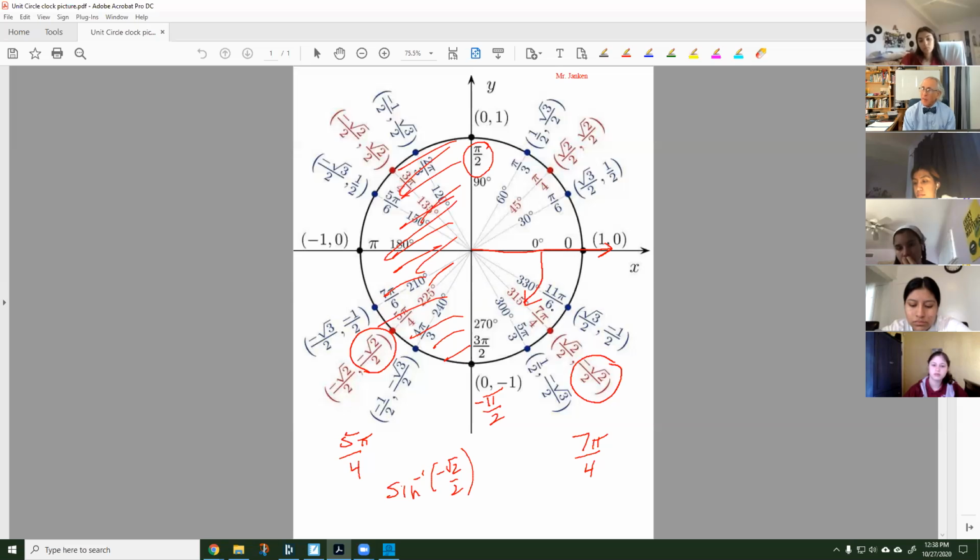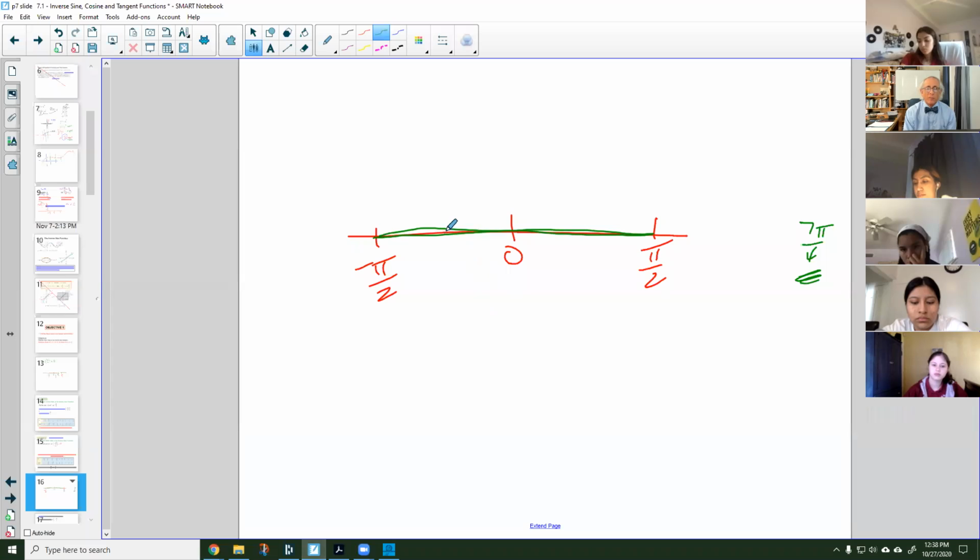I can get to the angle that is coterminal with 7 pi over 4 by going negative pi over 4. Negative pi over 4 is right in here. I'm allowed to use that because it is between negative pi over 2 and positive pi over 2.